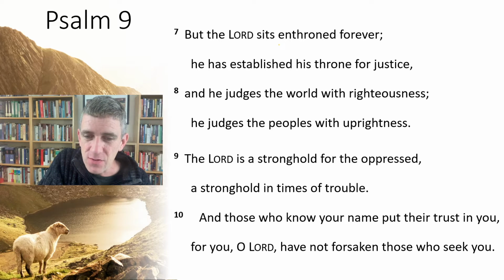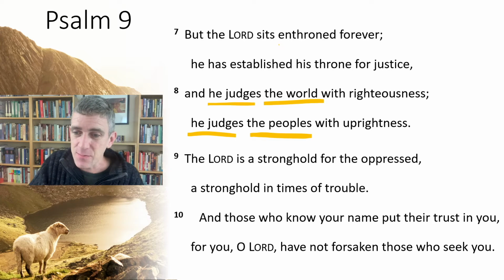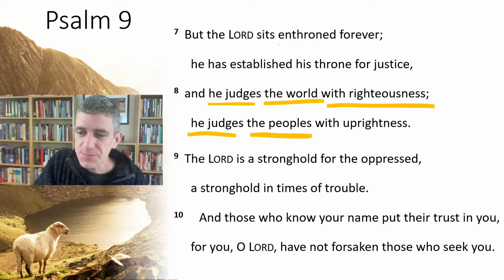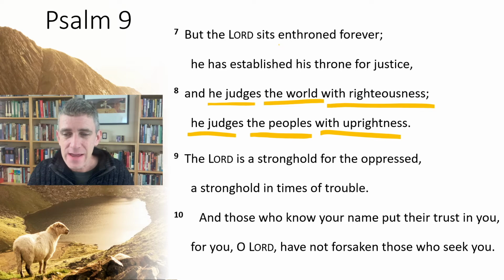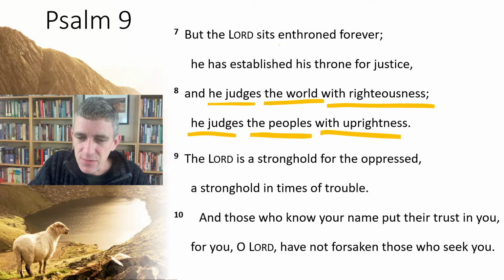So notice in verse 8, he judges the world, the peoples is kind of saying the same thing, with righteousness, with uprightness. So it's not an exact repetition, you don't find that, but you find similar concepts, similar words to reinforce the first line. So the idea is communicated through the pair of lines together. The same sort of thing happens in 9.